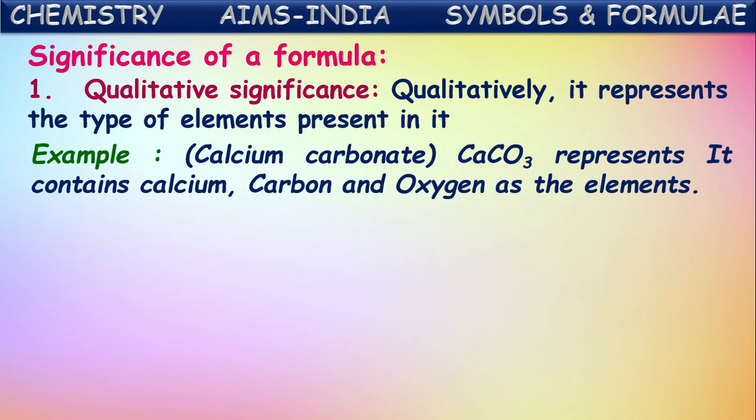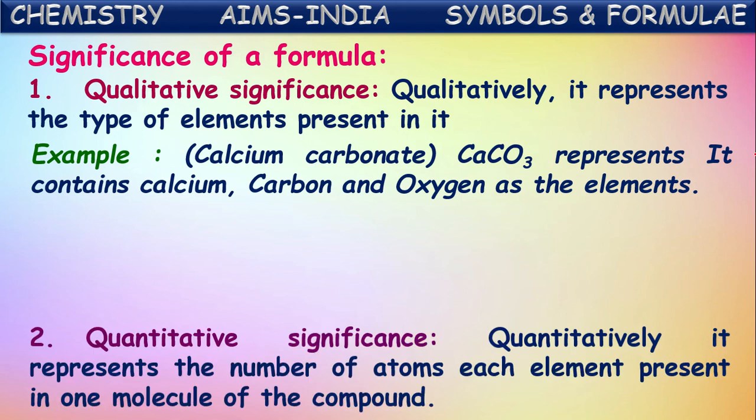The elements that participated in the formation of the compound is the information given from the formula of a compound. This we say as qualitative information. If you write CaCO3, it gives qualitative information that it is made from calcium, carbon, and oxygen elements.